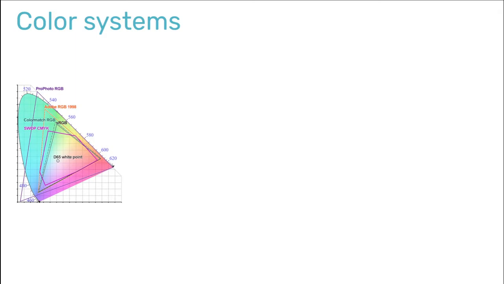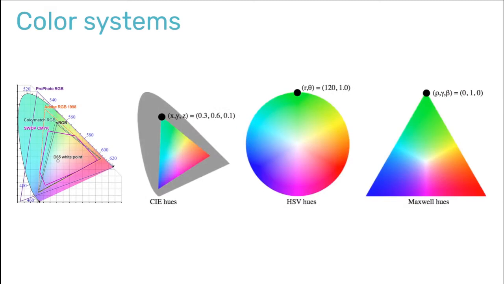Or you see RGB or CMYK or Adobe RGB. It's just part of the whole color space. And you can present it in many ways, like this triangle, or you can just make a circle, or you definitely have seen triangles like this.